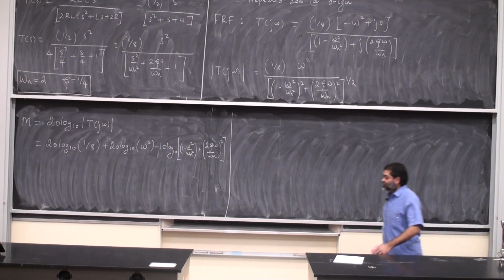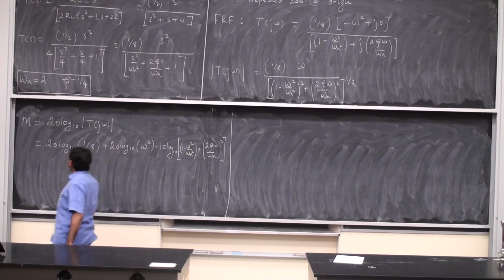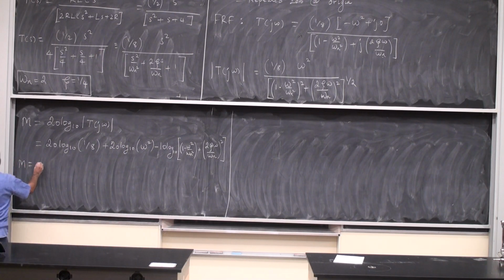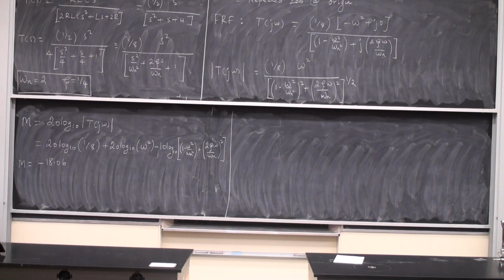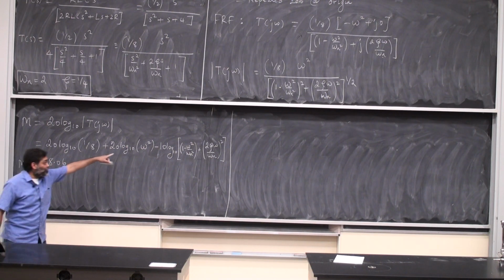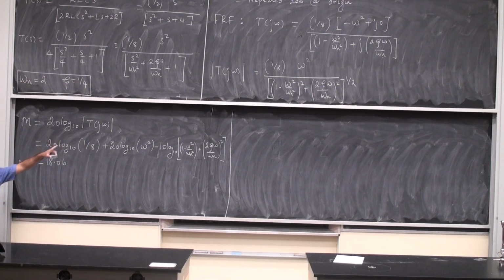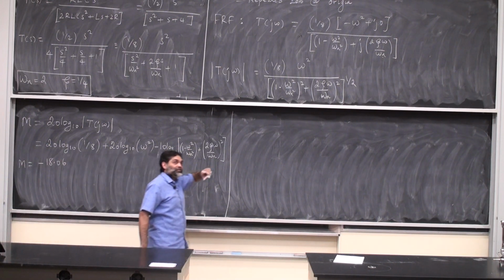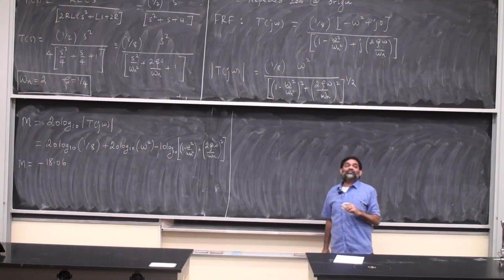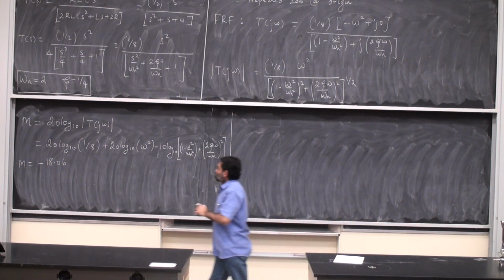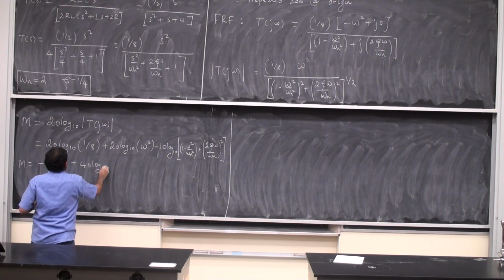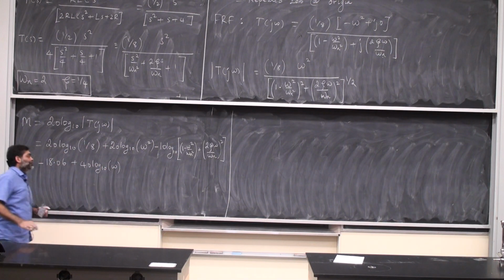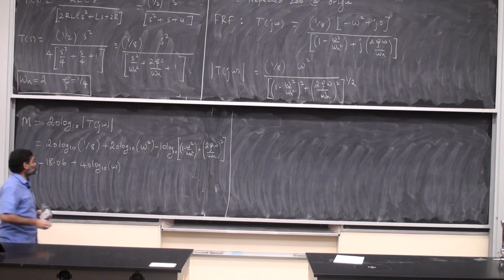Log 10 of 1 by 8, 20 times that, becomes minus 18.06. Okay, so many decibels. 20 log 10 of omega square becomes 40 log 10 of omega. So if I have a repeated zero at the origin, I'm going to get an increasing slope of 40 decibels per decade. So that becomes plus 40 log 10 of omega. The last term remains as it is, can't do much about it.